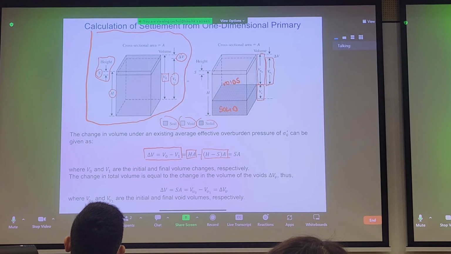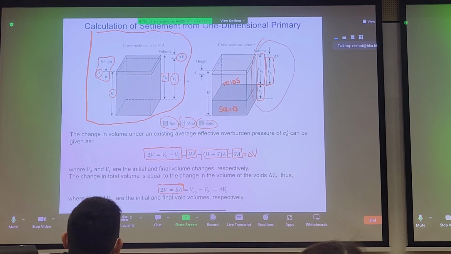If you simplify that, you get the relationship settlement times A is equal to your change in volume. That's easy enough to understand. The next step we have to consider is that the change in total volume is equal to the change in volume of the voids. So again, we know from the above derivation that the change in volume is S times A, and we know from this relationship here that the initial volume of voids minus the incremental change will give you this relationship here.